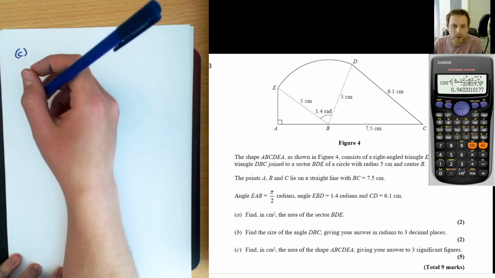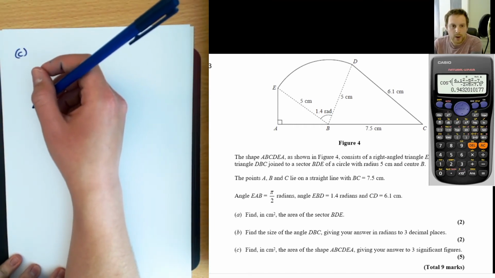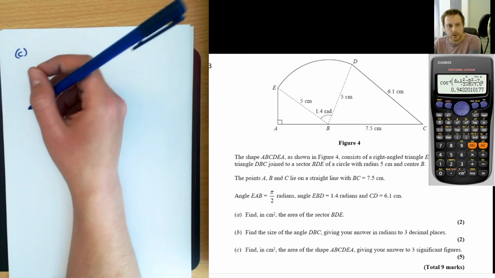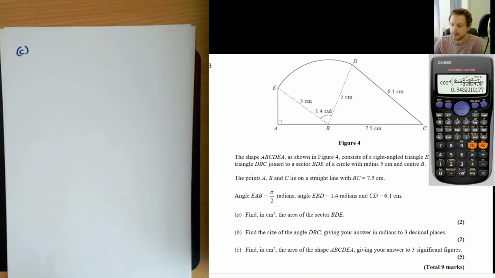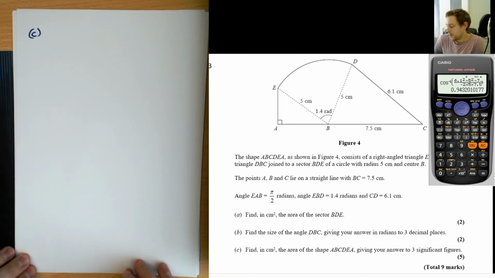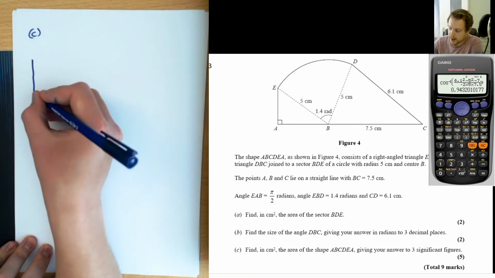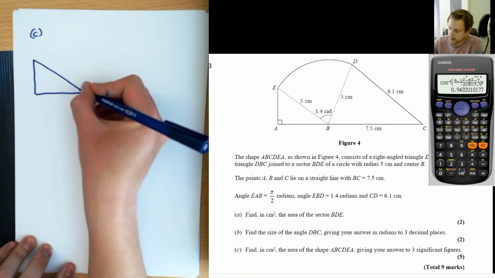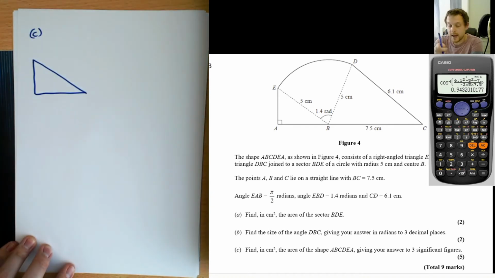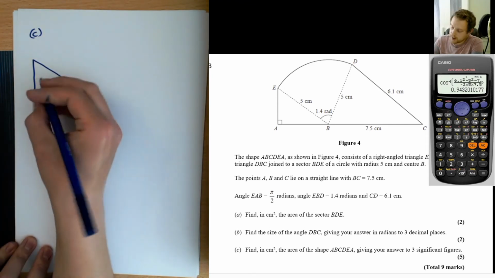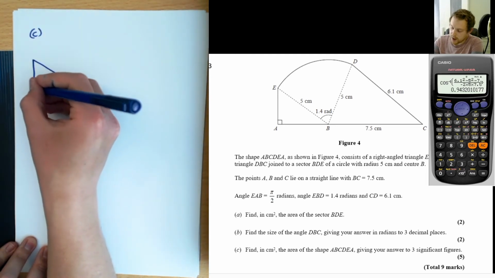So the reason I was pausing there was I was trying to work out how we're going to figure out the area of that right angled triangle, but there's probably a few ways of doing it. But the way that I just thought of, because we already have the area of the sector, and getting the area of the triangle on the right is fairly straightforward now because we've got the angle. So we can use the area of a triangle formula.